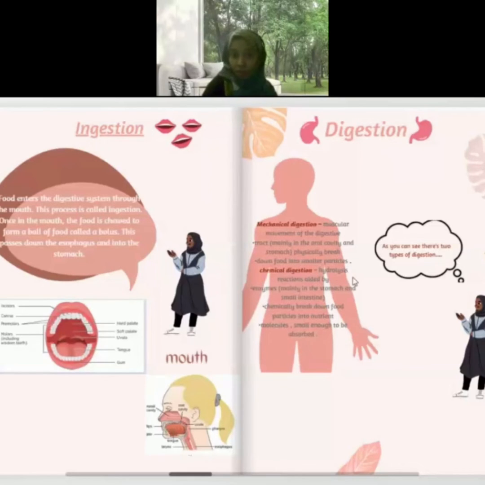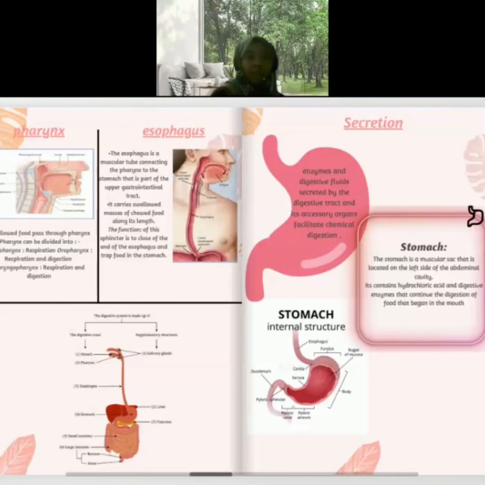In chemical digestion, of course, we need chemical reactions like enzymes, mainly in the stomach and small intestine, which chemically break food down into nutrient molecules small enough to be absorbed. Next, we have the pharynx and esophagus.